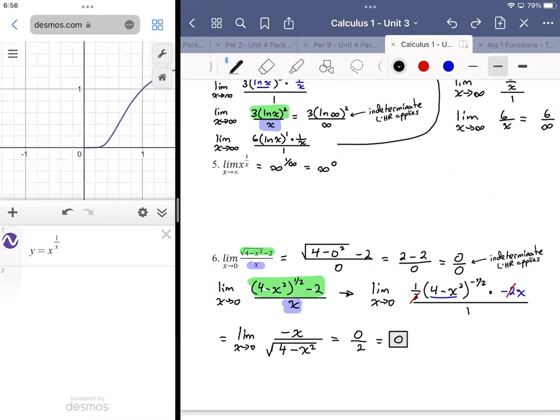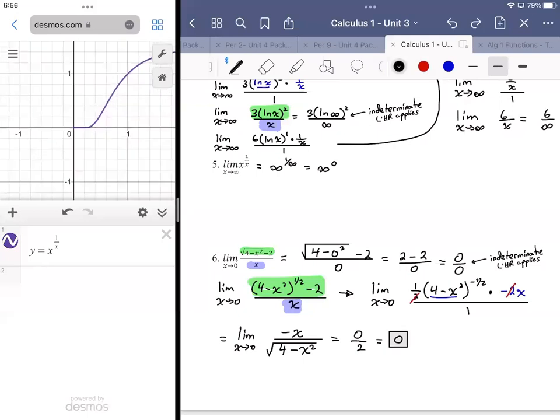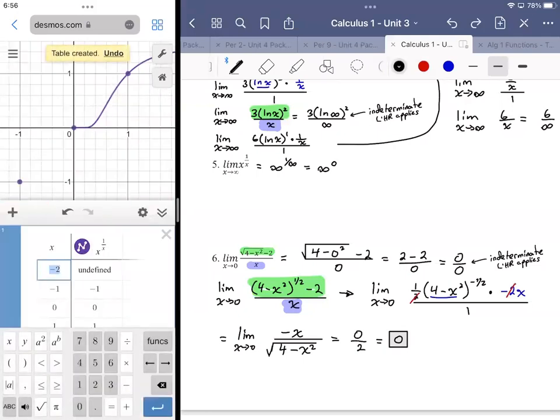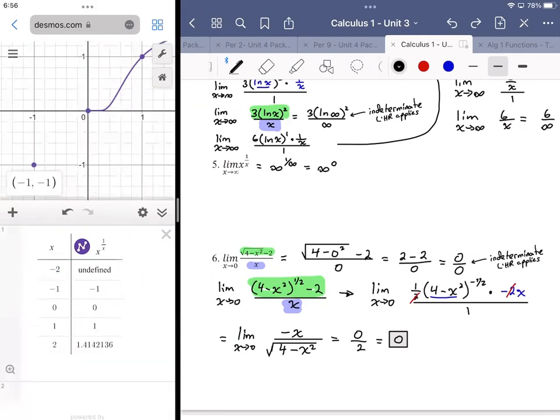The calculator doesn't quite pick it up at all times. But if you go to the table, you see that there are some undefined values. But there are some instances where it's not undefined. Like there's a discontinuous point here that's just disconnected from the rest of the graph at -1. Right? But all the values in between, for whatever reason, don't exist.